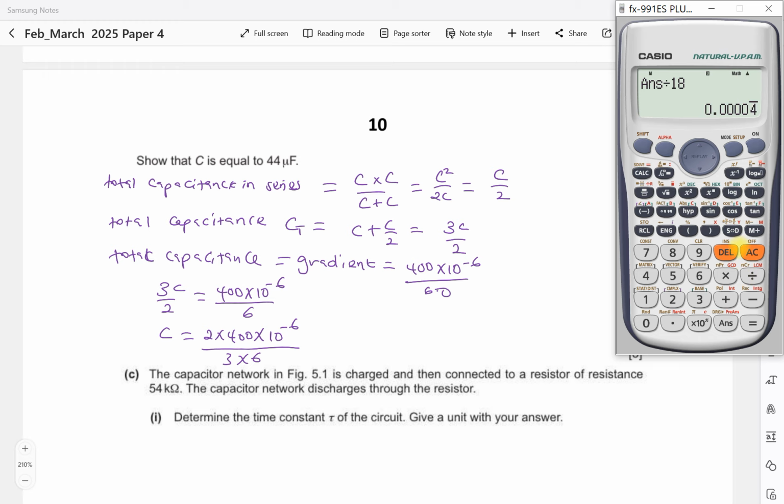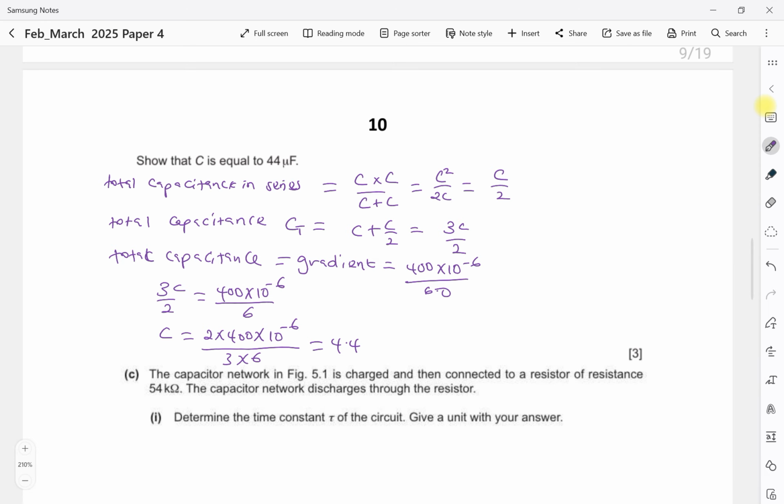So that is 0.00044 recurring, which is 4.444 times 10 to the power of minus 5, farads.